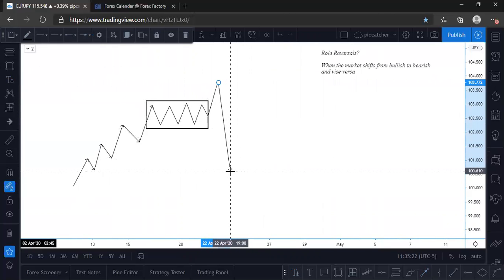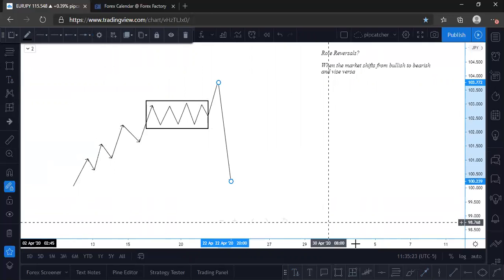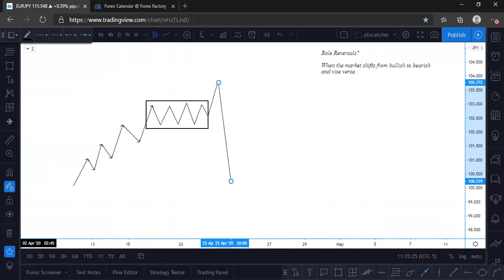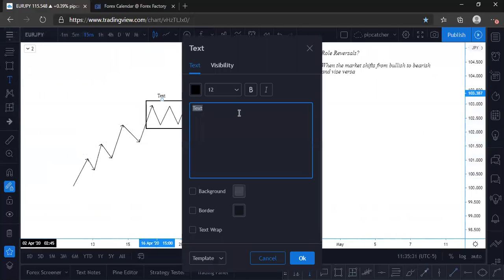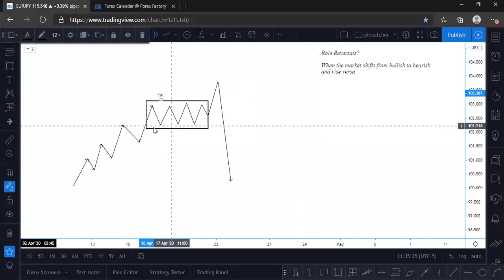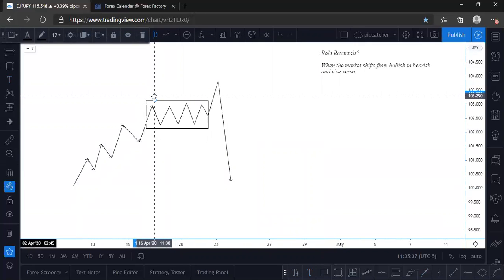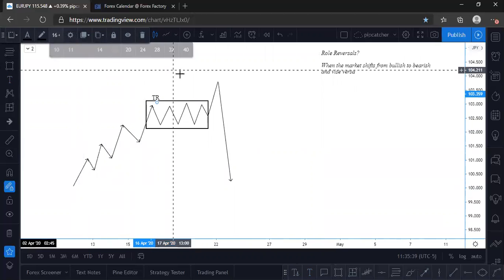So after the market has made that big impulse down, what would we look for? Well, this right here was that trading range, that previous trading range that we were in right here.